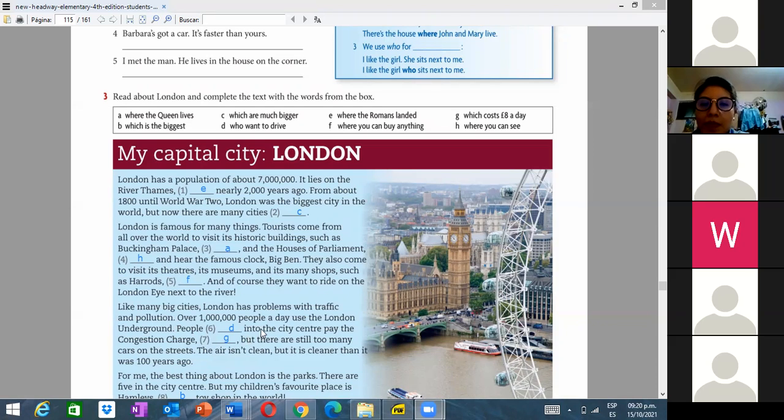People who want to drive into the city center pay the congestion charge, which costs 8 pounds a day. But there are still too many cars on the street. The air isn't clean, but it is cleaner than it was 100 years ago.